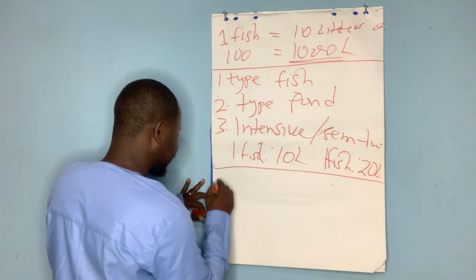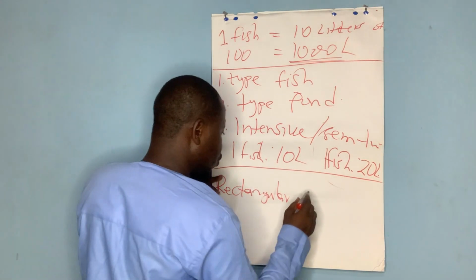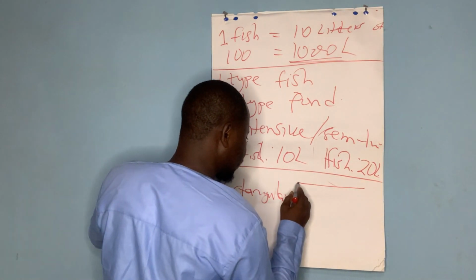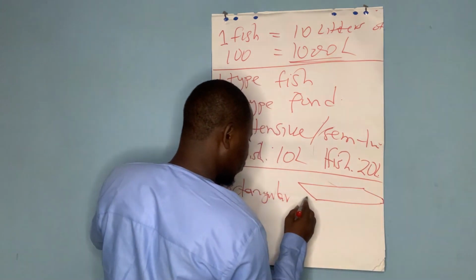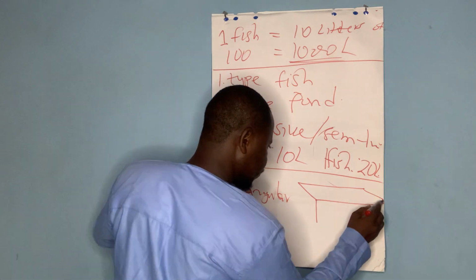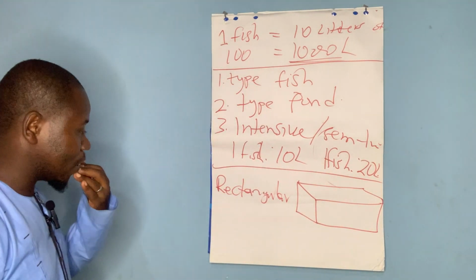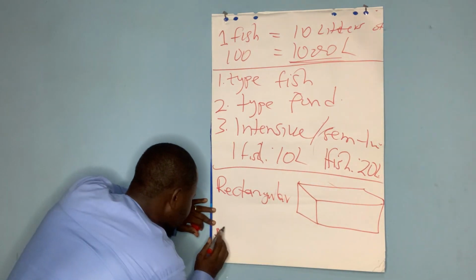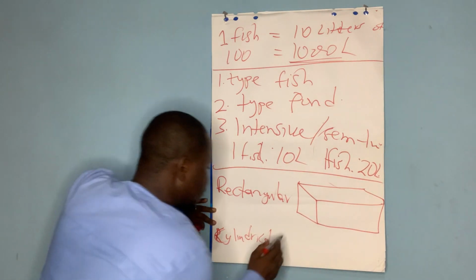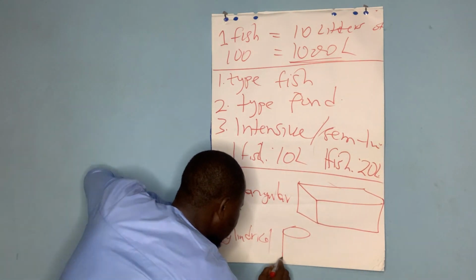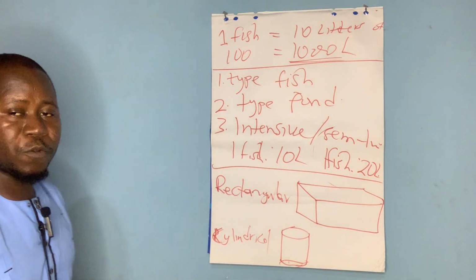We have the rectangular pond and the cylindrical pond.